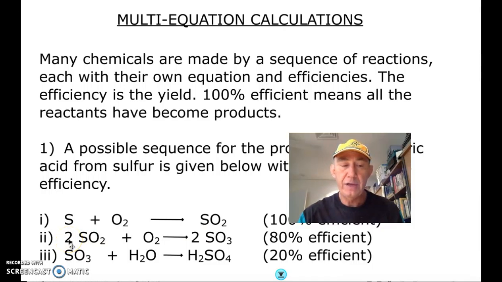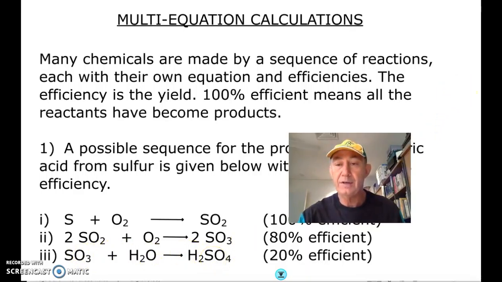I know there are 2's here, but these 2's just represent the mole ratio of sulfur dioxide to sulfur trioxide in this equation. I started with 1 mole of sulfur dioxide, so I'm going to make 1 mole of sulfur trioxide.